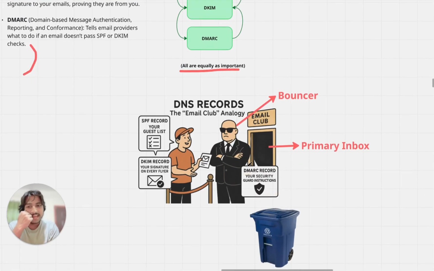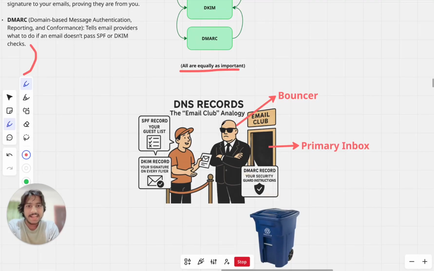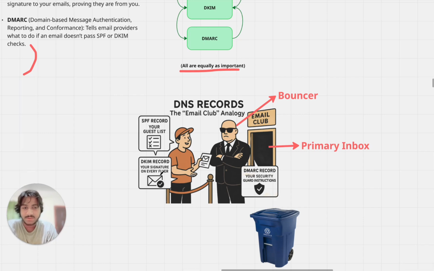Now, a great way I like to think about this is a club analogy. DMARC is your bouncer, this is your primary inbox, and this is you. You have your SPF record, basically your guest list saying, hey, I'm invited. And your DKIM is your signature, which tells them you are signed, and it means you are the correct person to go inside.